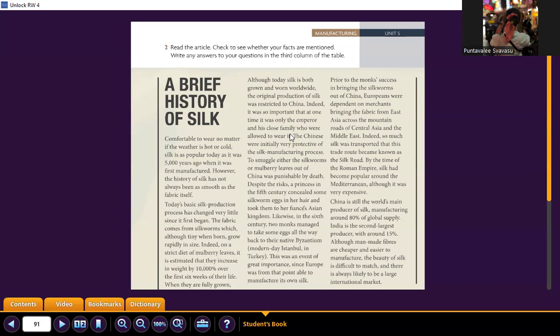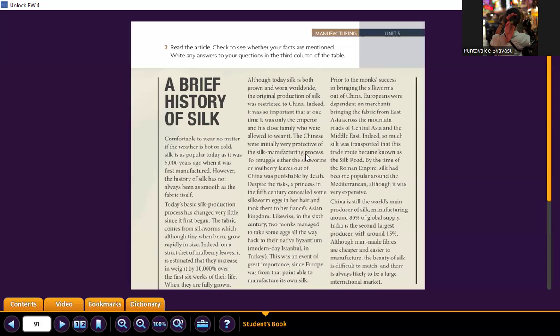Many people might answer C because of the emperor, but in the choice it says only by the emperor. So it's not just the emperor himself, it's the emperor and his close family. So that's why it's A, the royal family. Royal family means the king and his family. So it's from right here.